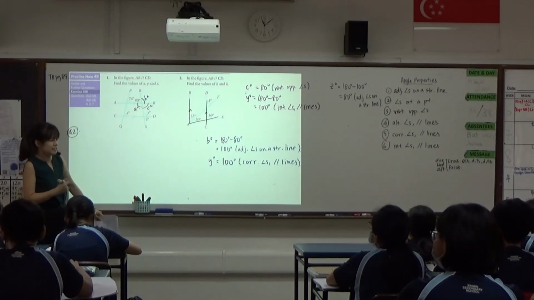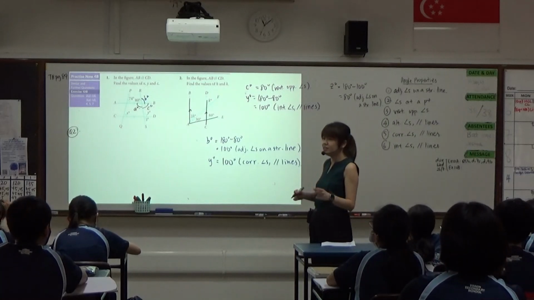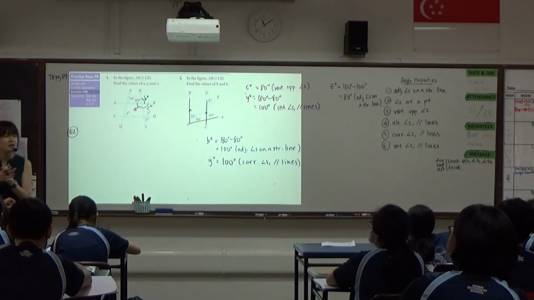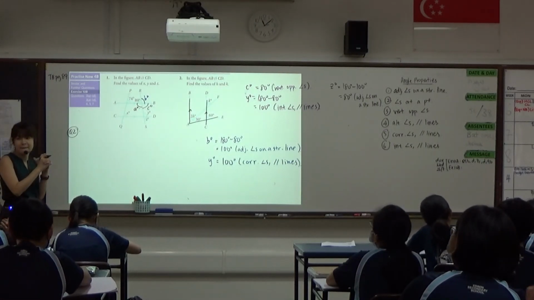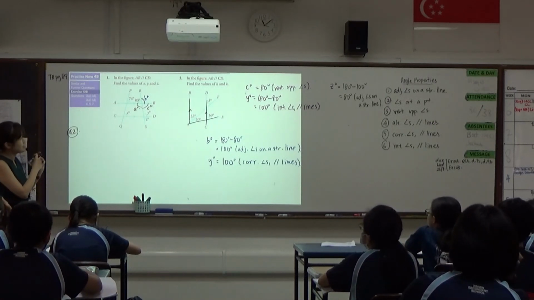Can someone give a hint? What property should we use? Okay, let's say corresponding angles. How can we apply corresponding angles? Angle BAC.